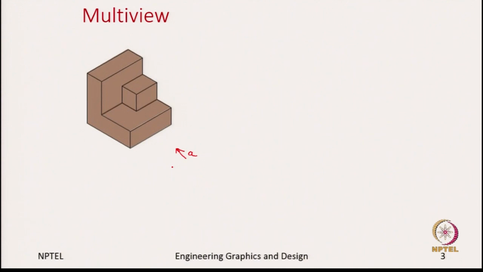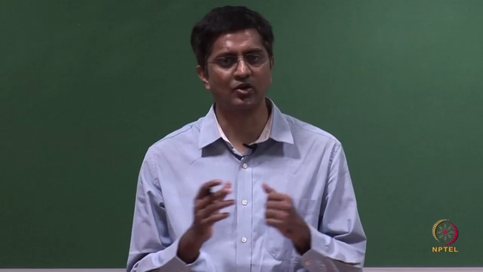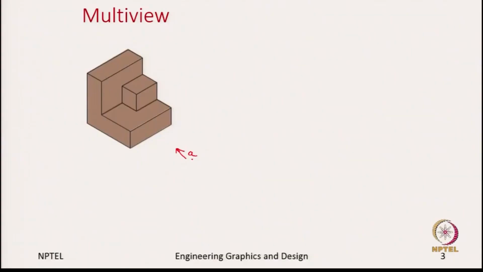Of course, one can say there are infinite number of directions, but let us focus on 6 common directions. So, let us say if you are looking from the front of the object, this is the arrow and I named it A. Now, let us say the observer is looking from top.